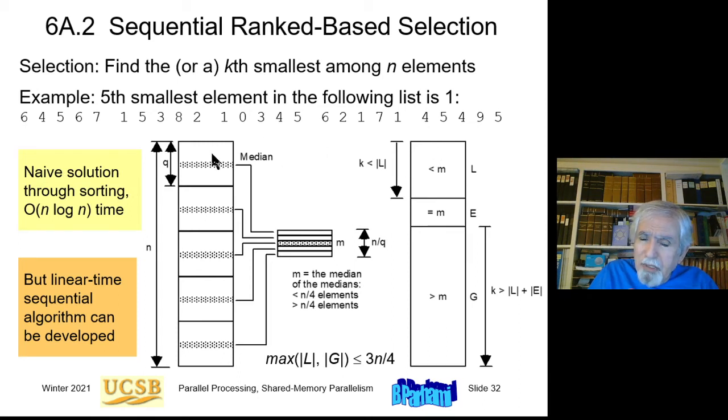Every time I encounter an element that is larger than m, I put it, the first one, at the bottom, and then I have a pointer that moves up. So here, here, here. So I start filling the list from the end with elements that are larger than m, and from the beginning with elements that are smaller than m.